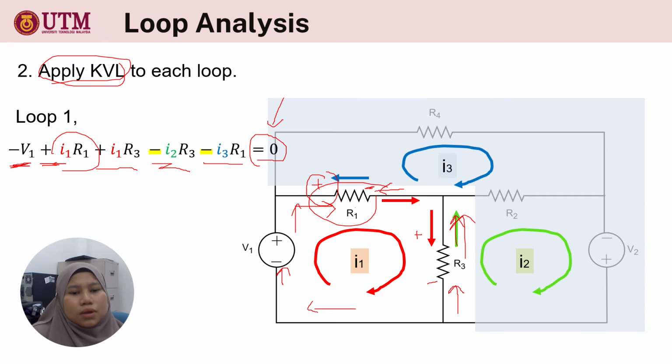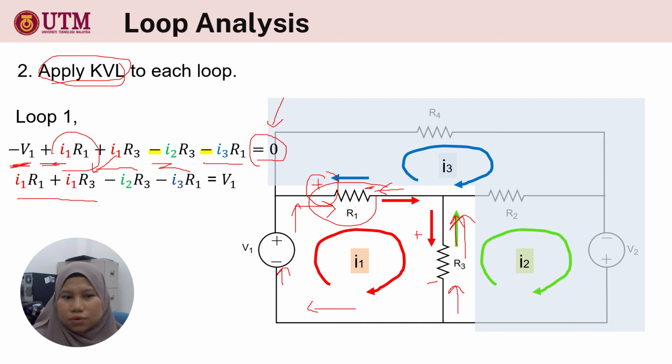Now you arrange the terms. Put all the I1 at the first, the most left. So I1 times R1 plus I1 multiplied with R3.